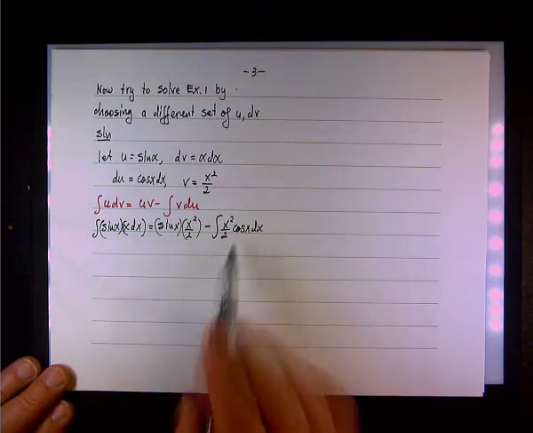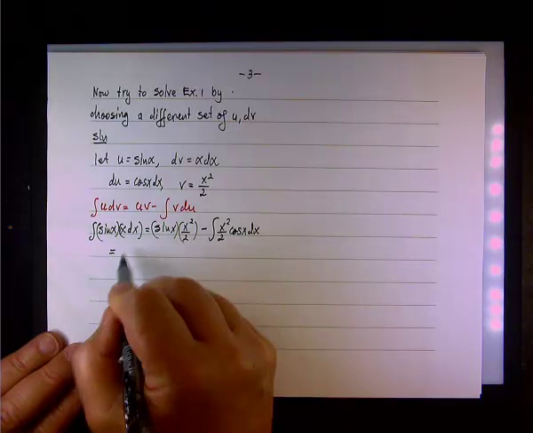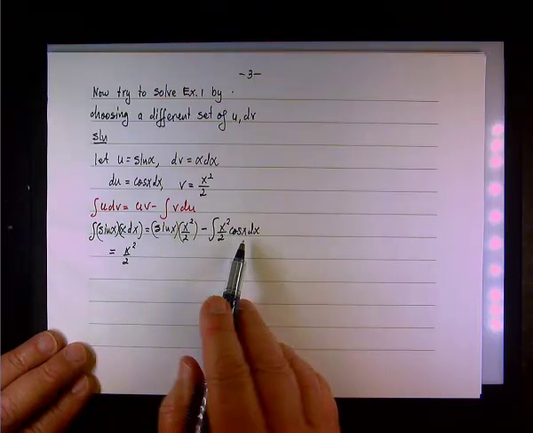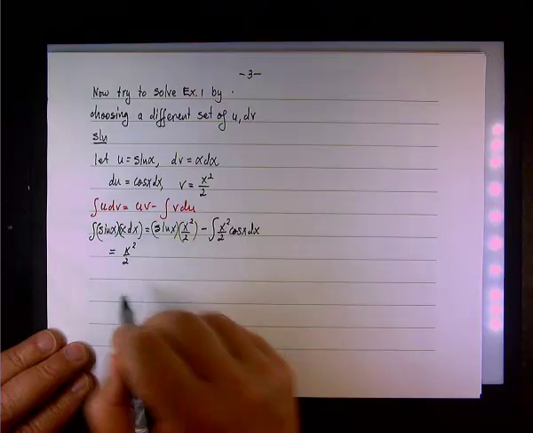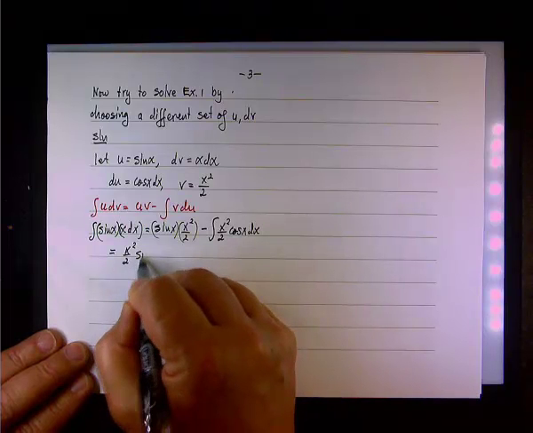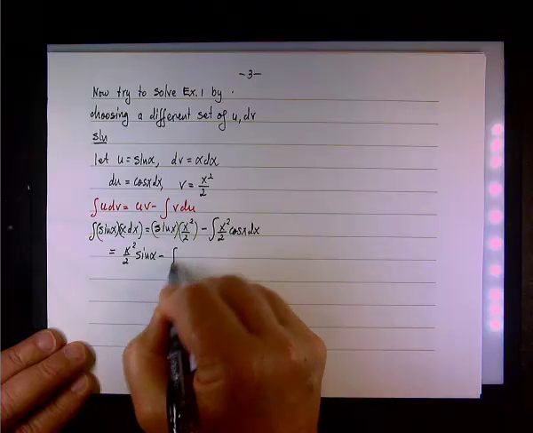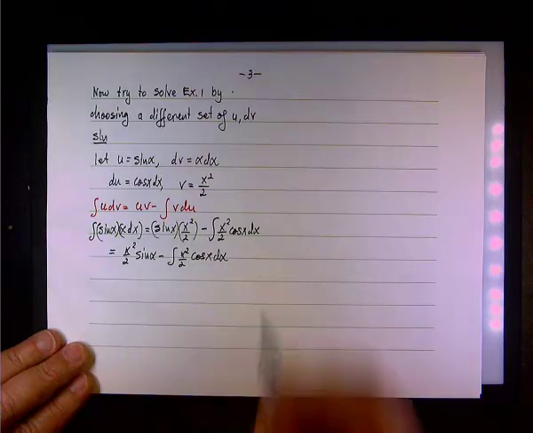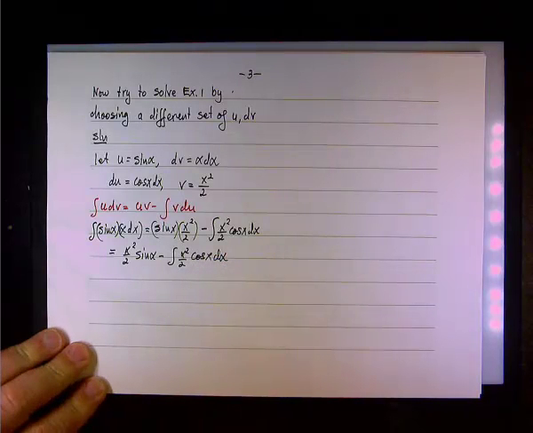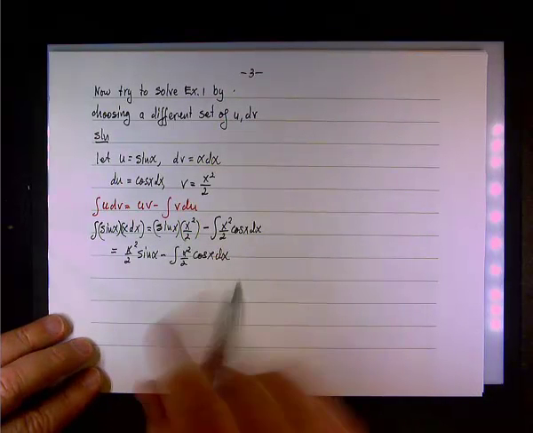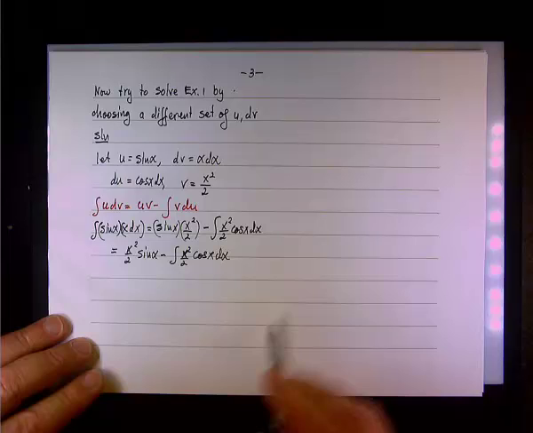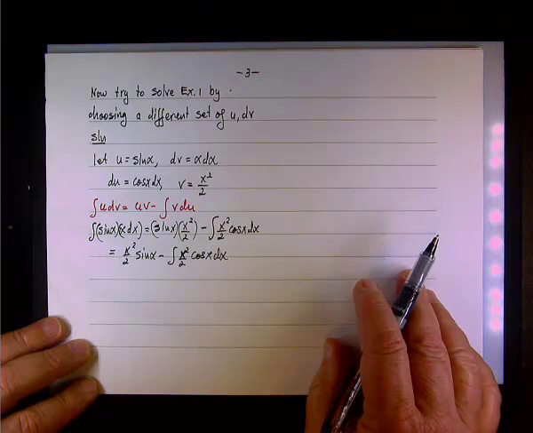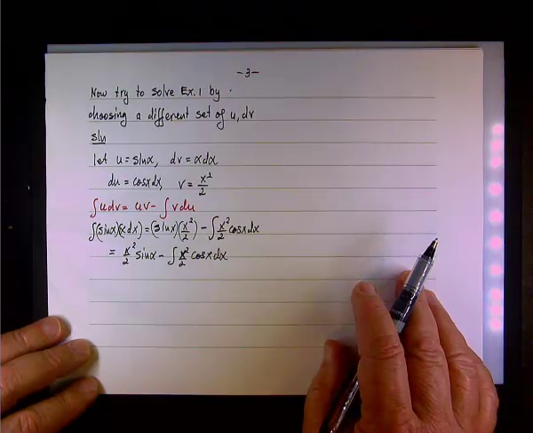So what happened is we are no better than what we were before, because now I have to do it again, except instead of x sine x, I have x squared cosine x dx. So we can solve this integral.